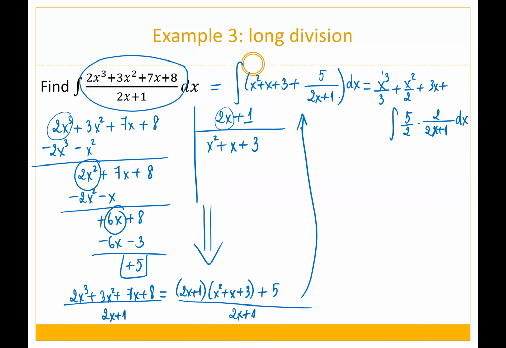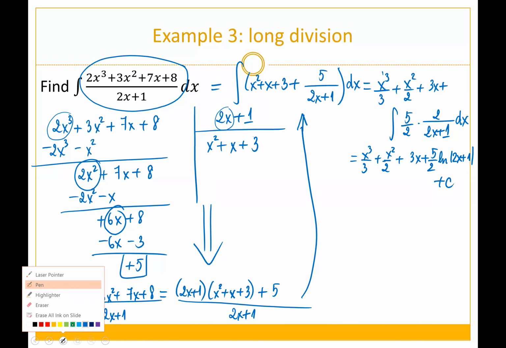Since you have 2x plus 1, if you want to put it in the form of ln, then you need a 2 here because you need the derivative of 2x plus 1. So you're going to have x cubed over 3 plus x squared over 2 plus 3x plus 5 over 2 ln of 2x plus 1 plus c.